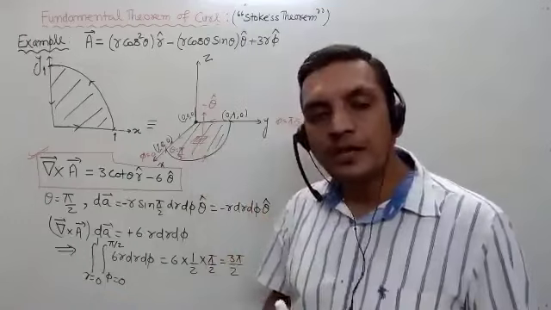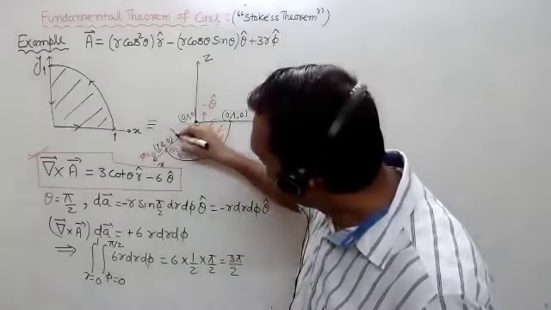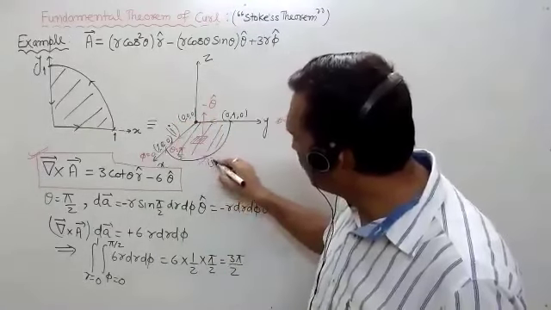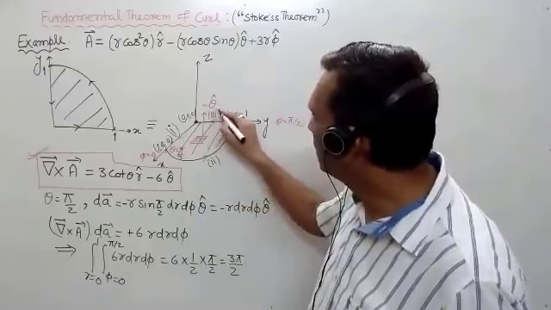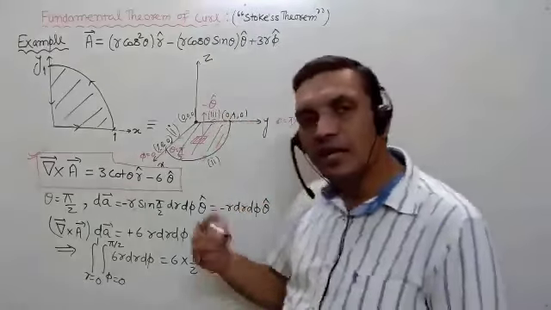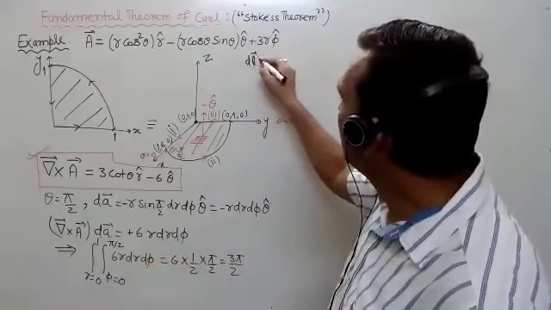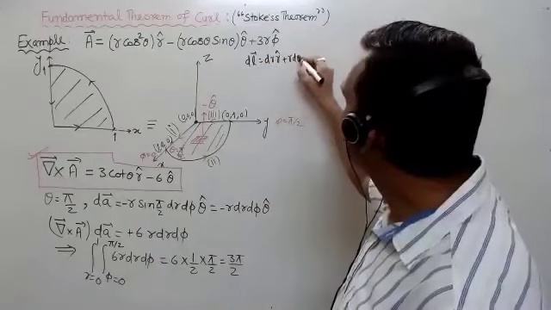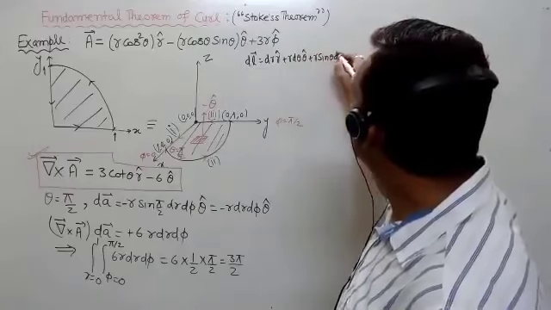Now this open surface is surrounded by 3 line segments. This is segment 1, this is segment 2, and this is segment 3. So in spherical symmetry, you know what dl vector will be? dl is dr r cap, plus r d theta theta cap, plus r sine theta d phi phi cap.